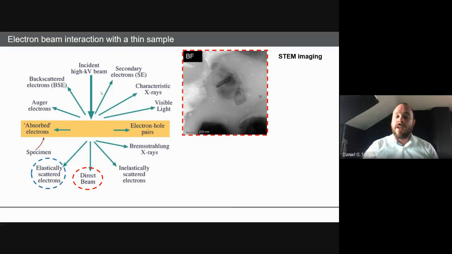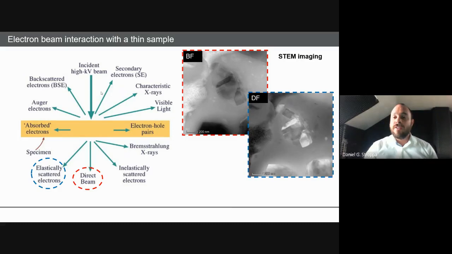And if we capture higher angles, so this high angle annular dark field region, we're going to have the Rutherford scattering dominating, and then here the contrast is going to be essentially related to the atomic weight of the sample to the square. So with the different scattering ranges, we can learn different information about the sample, and this is how we explore these different signals to generate images.